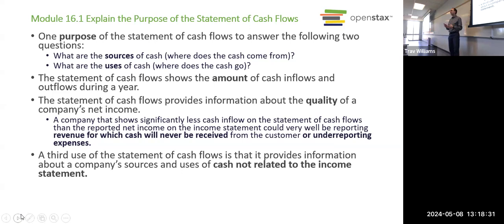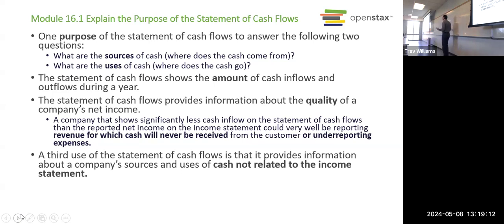Remember that whole accrual basis of accounting thing, where you can count revenue even though you haven't been paid. You can count expenses even though you haven't paid for them. And that's why we need the statement of cash flows that tells us how much actual cash came in and went out, which is different from how much we sold and our expenses. If we use the cash basis of accounting, which only small companies and nonprofits can do, then our income statement would tell us how much cash we had.